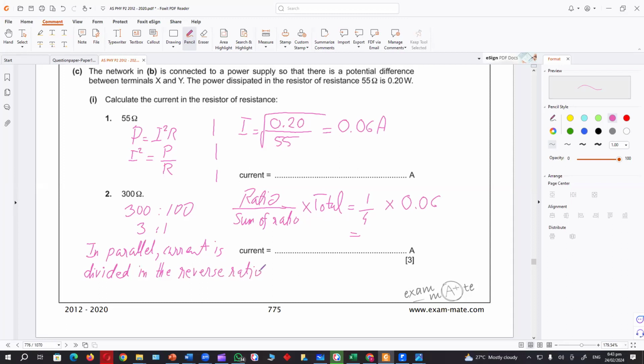To solve this, the answer is 0.015. Good.